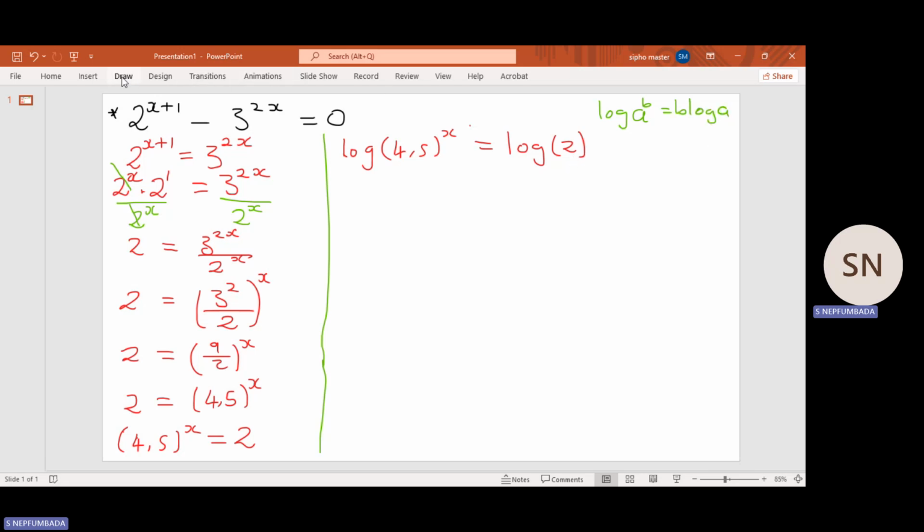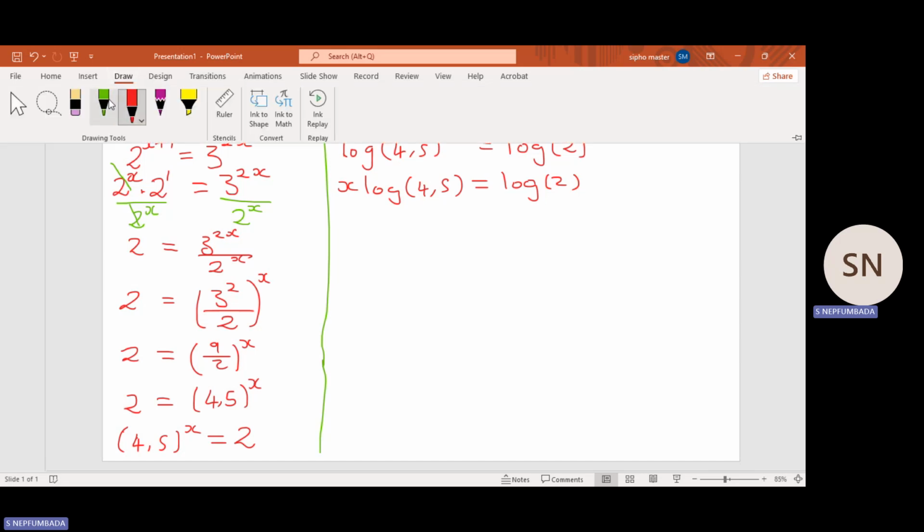By doing so, this is the same as x log 4.5 equals log 2. Our aim is not to solve for x log 4.5, our aim is to solve for x.